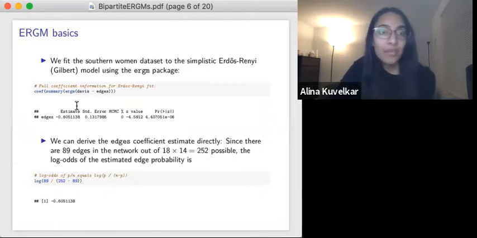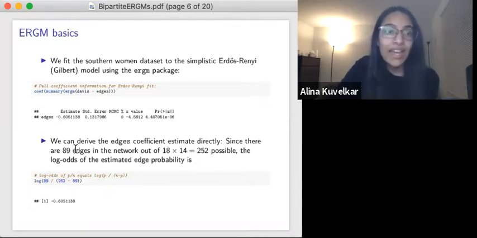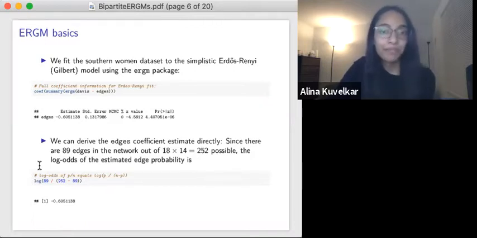We can also estimate this directly. Given 252 possible edges here, and with 89 actual edges in the network, the estimate is given by the log of 89 over 252 minus 89. And here we get the same estimate as we did when we ran the ERGM.